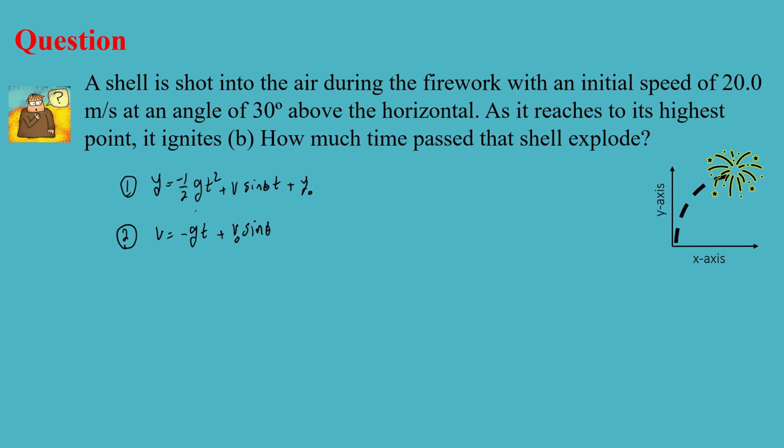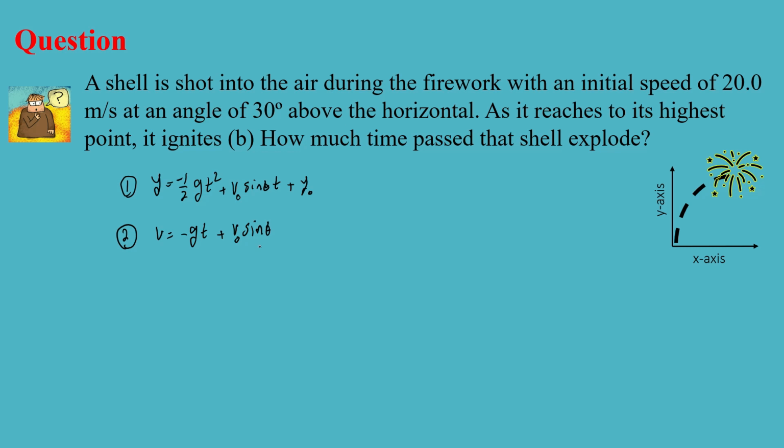I can use both of these equations. In the first equation, I have the height from the previous part. I know g is equal to 9.8. I'm looking for t, and I know the initial velocity and the angle. My second option also has velocity and acceleration. I'm looking for time, and I do have the initial velocity, right?